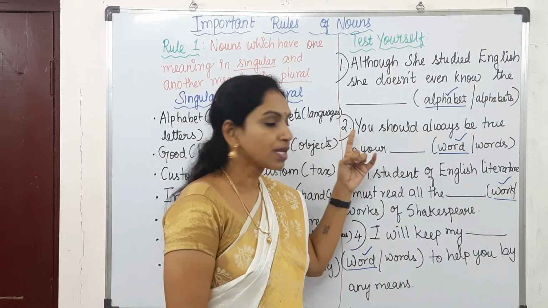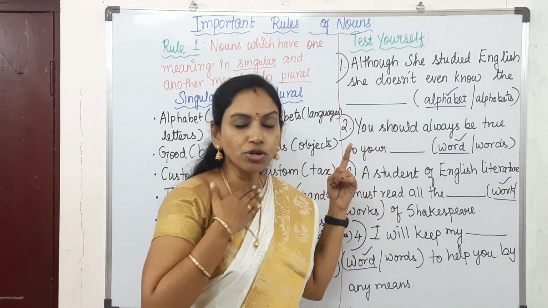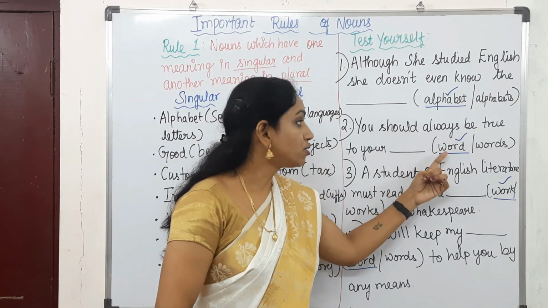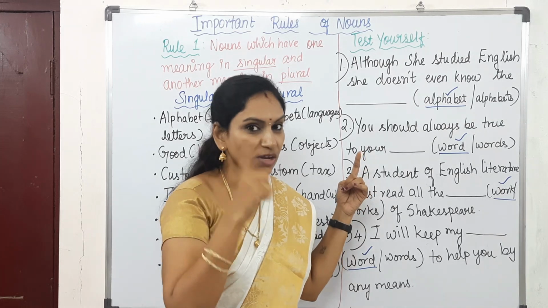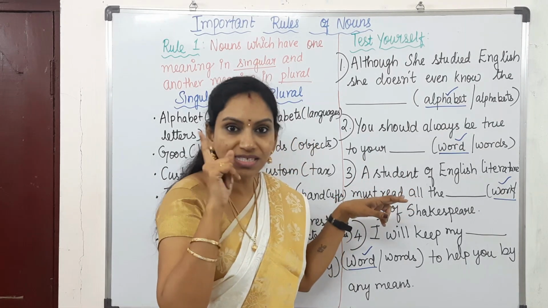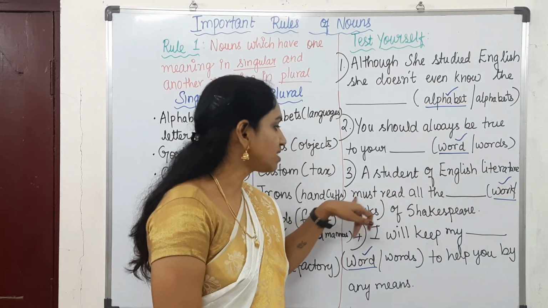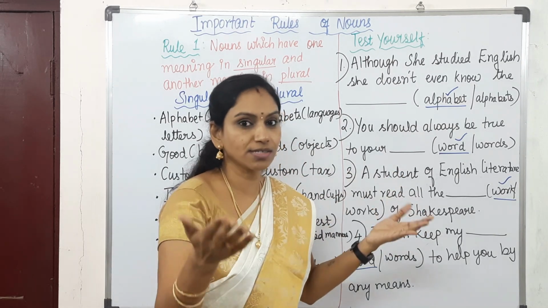Next, second, you should always be true to your, I am singular, I should always be true to my word, not words. Singular is word. Next, a student, singular. A student of English literature must read all the, though all is there, you should not use works.